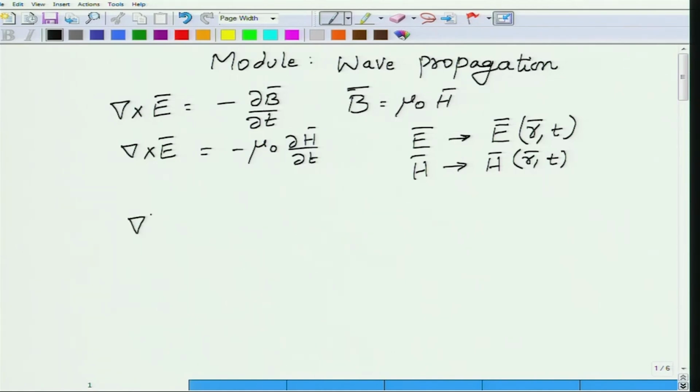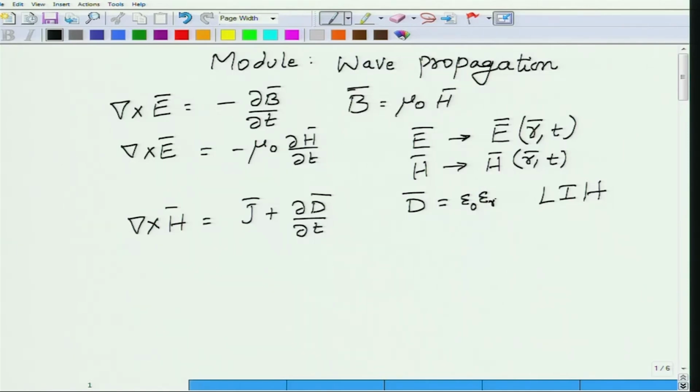Alright, so this was Faraday's law. What about Maxwell Ampere law? Maxwell Ampere law is curl H is equal to J plus del D by del t. We will assume linear, isotropic, homogeneous media for which D will be epsilon 0 epsilon r into E. Now instead of writing epsilon 0 into epsilon r, I sometimes shorten this and simply write this as epsilon E. Again remember D is D of r,t and E is E of r,t.